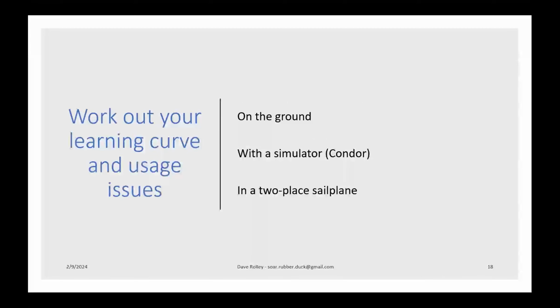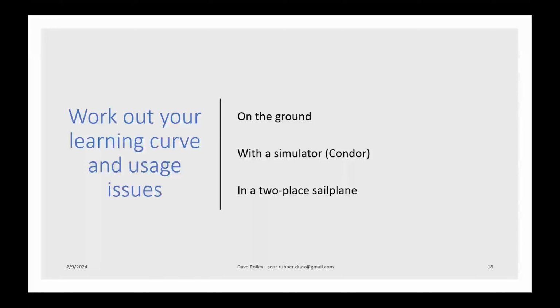So one of the things that you've got to do with this is work through your learning curve and usage issues. How are you going to use it? And first, you've got to do it on the ground. One of the best ways, again, you talk about our evolving technology, probably one of the best ways is to hook up your computer to the simulator, Condor in this case.